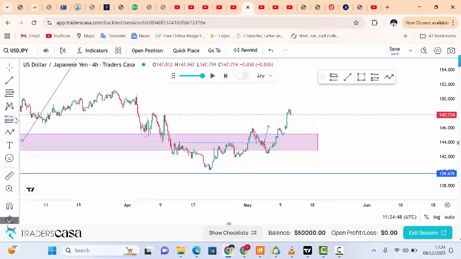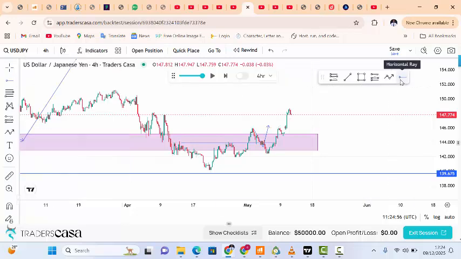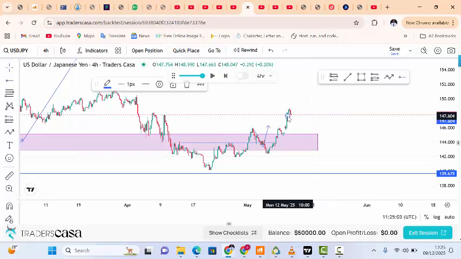So we'll be buying from where it currently is. We'll give room because our stop loss will be here, which is actually far, but we'll use lot size to control it.